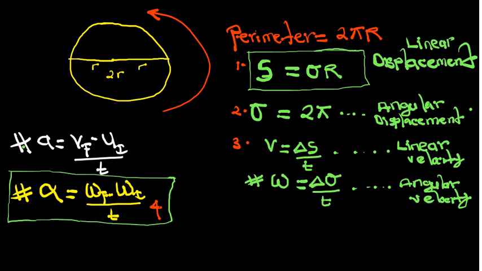The other one is when you're finding the angular velocity, which is equal to the change in theta divided by time. When you relate that with the linear velocities, you have change in linear displacement with respect to time. And then angular displacement theta is equal to 2 pi. This is how you make a clear and fine distinction between objects that move in a straight line and objects that move in a circular position.